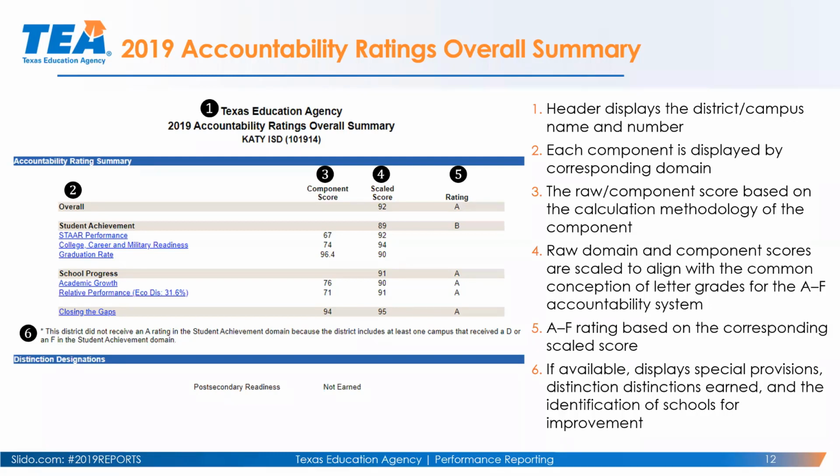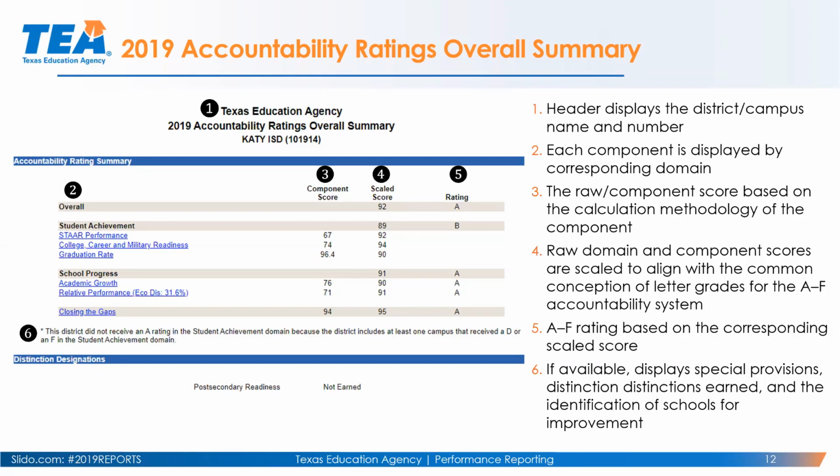In section 6, if available, this displays special provisions or distinction designations earned and identifies campuses, if I'm looking at a campus data table, if the campus is identified for improvement. This particular district does have a special provision, which is for the student achievement domain.